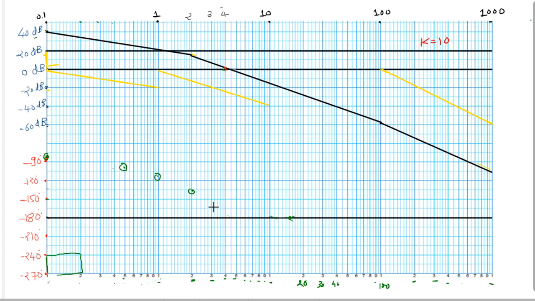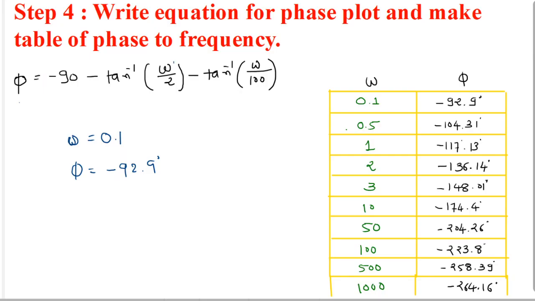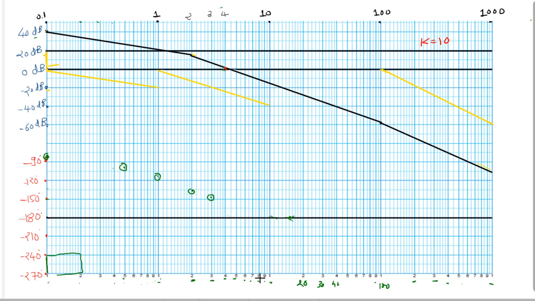At 3, minus 148.0 degree. Then at 10, minus 117.4 degree.